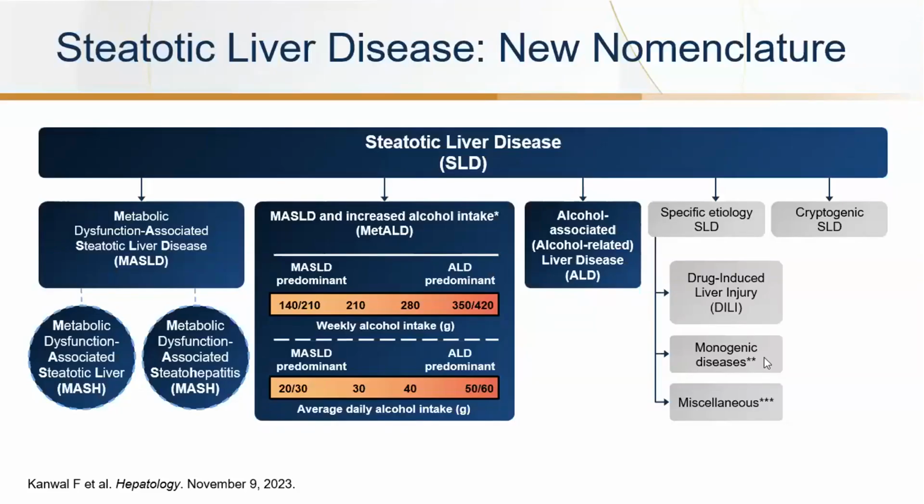There are some outliers where you can get some fatty liver or steatotic liver disease from DILI, drug-induced liver injury, and some monogenic diseases, which we'll get into a little more later in the presentation. And then cryptogenic is, we've ruled everything else out, and we don't know why there's fat in the liver.